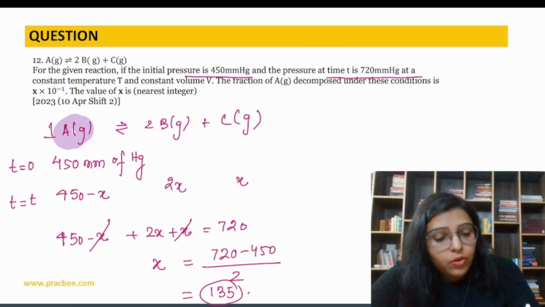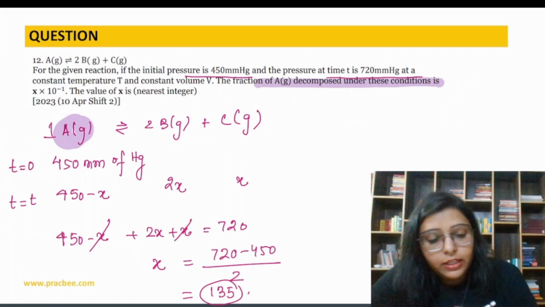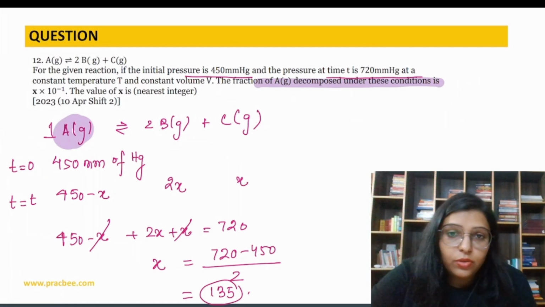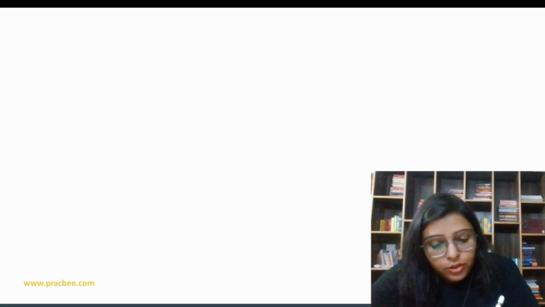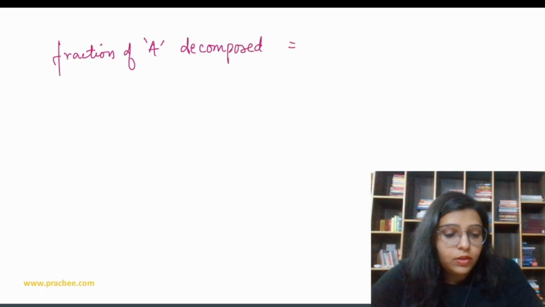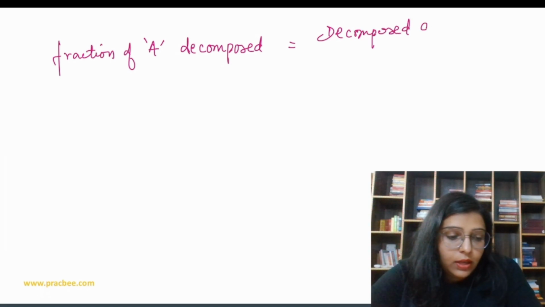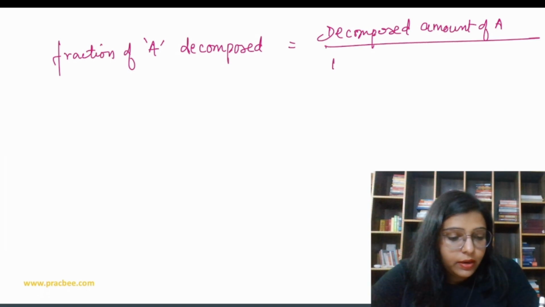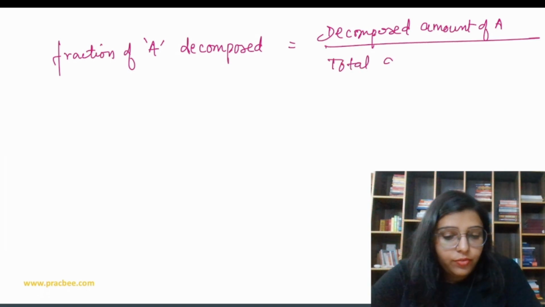Okay. Now the fraction of A decomposed under these conditions is x into 10 to the power minus 1. So fraction of A decomposed is equal to decomposed amount of A divided by total amount of A, right?